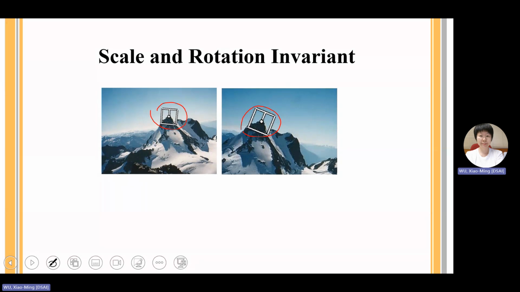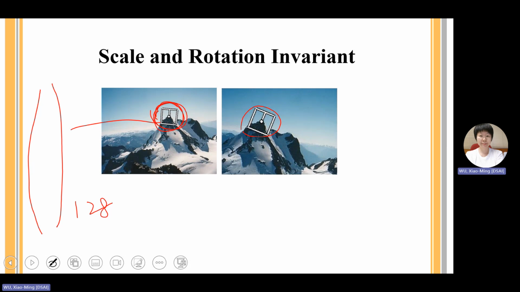Well, what do we mean by feature? We are going to represent this local patch using a vector, for example a 128 dimensional vector, and we call that a descriptor.